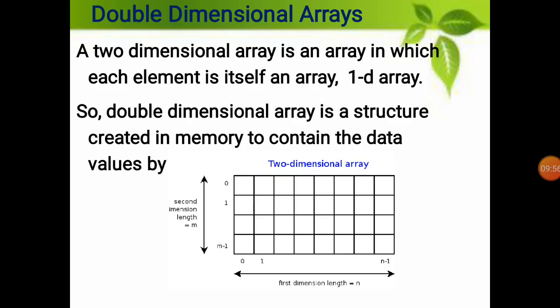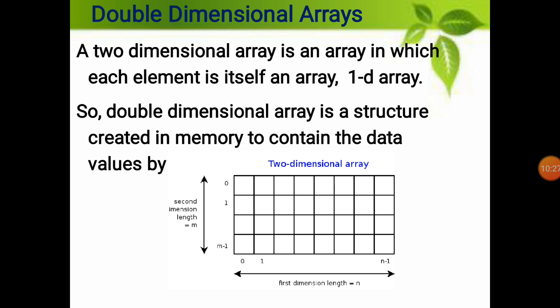Now come to the second topic, that is the double dimension array. A double dimension array is an array in which each element is itself a 1D array. So a double dimension array is a structure created in memory to contain data values by rows and columns.